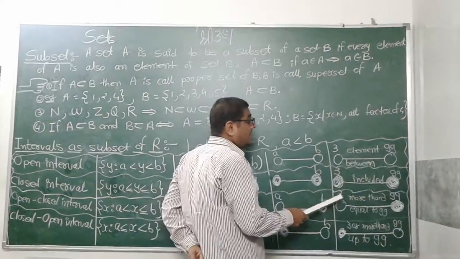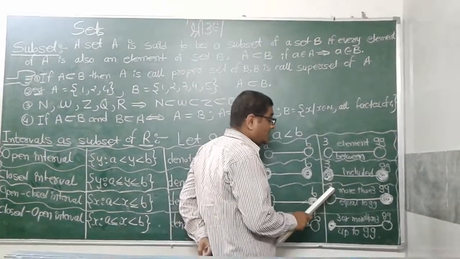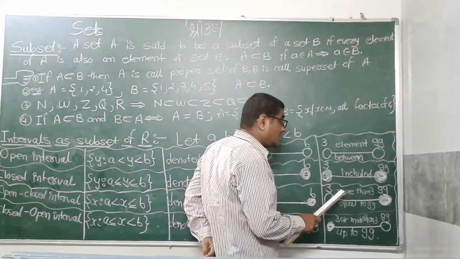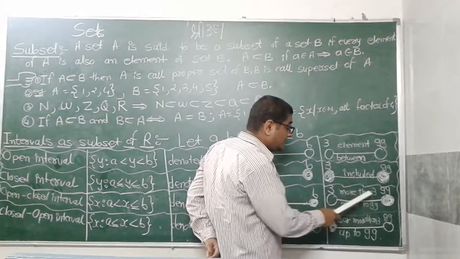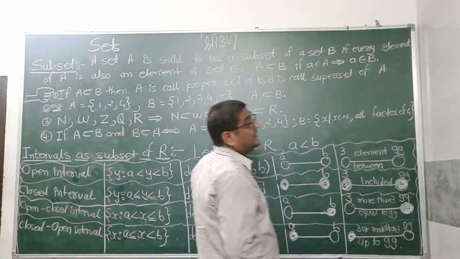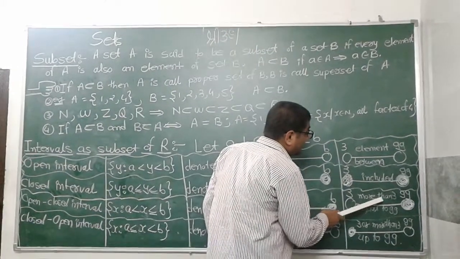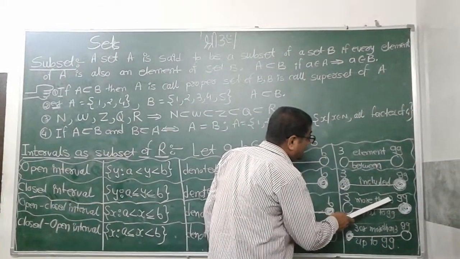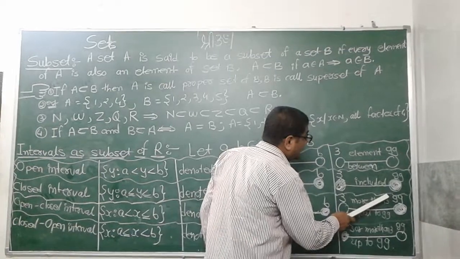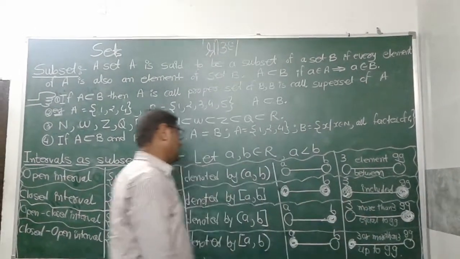Again taking the same example, 3 and 99: 3 is not included, but 3.1, 3.2 are, so more than 3 and up to 99. That means elements like 4, 5, 6 up to 88, 89, 89.1, 89.2 up to 99.